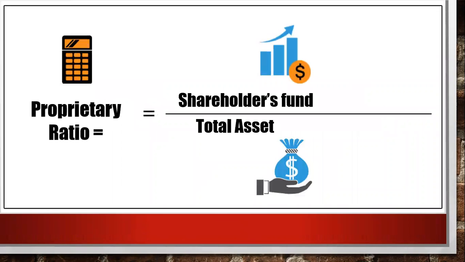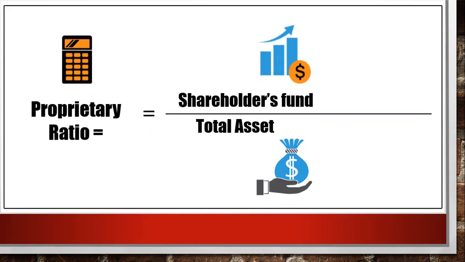Okay, we'll see the next. Next formula is proprietary ratio. In this ratio, the proprietor is the owner. So how much the owner is contributing in the business for total assets. How much the owner is investing in his business behind the assets, you will get in this ratio.